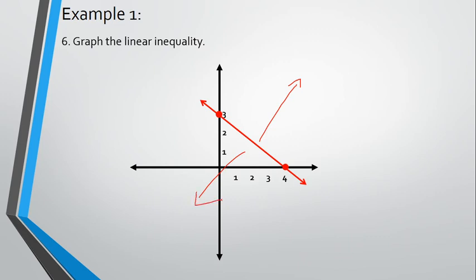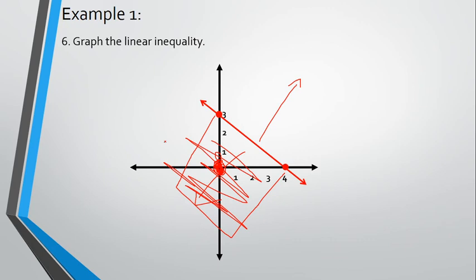So that's why class, we had our origin as our testing point. If you remember, our testing point was our origin, which is 0, 0, which is found here. Now class, if the result of the testing point is true, then our plane must pass through the origin. So this part must be shaded.